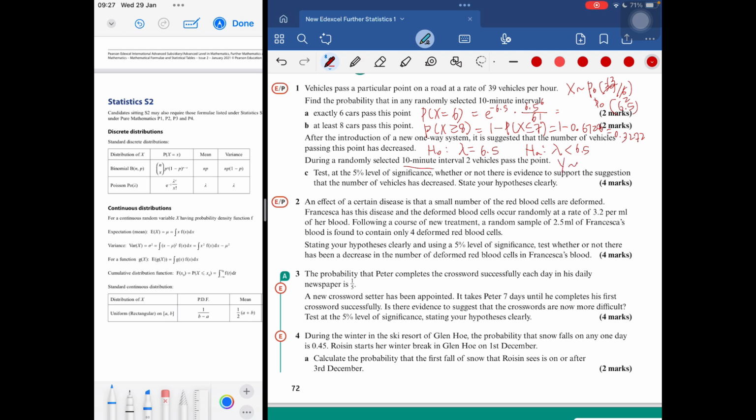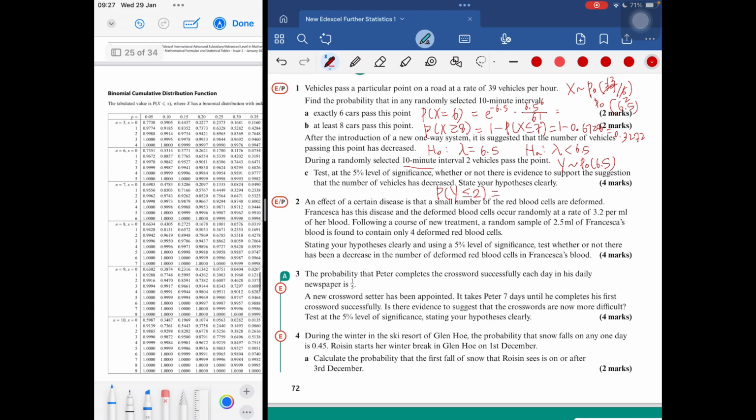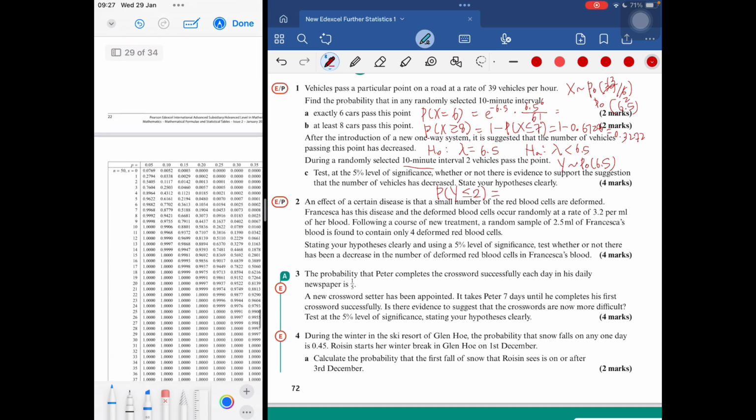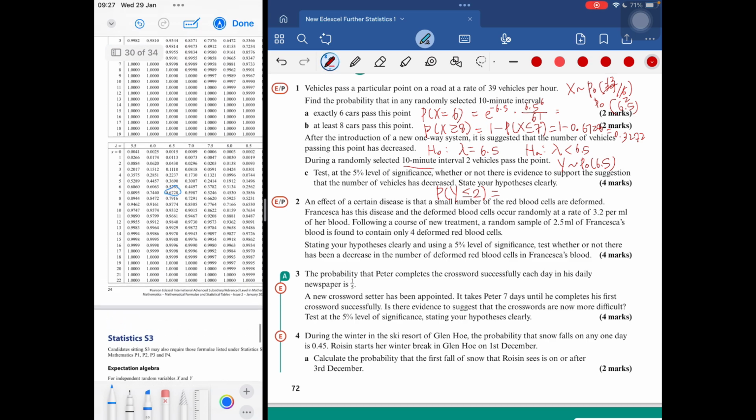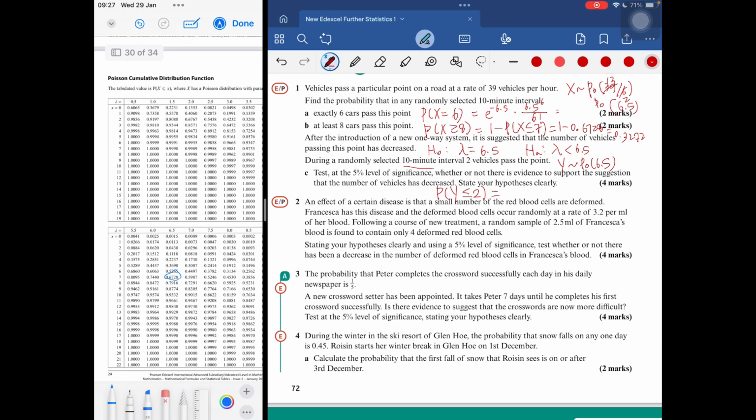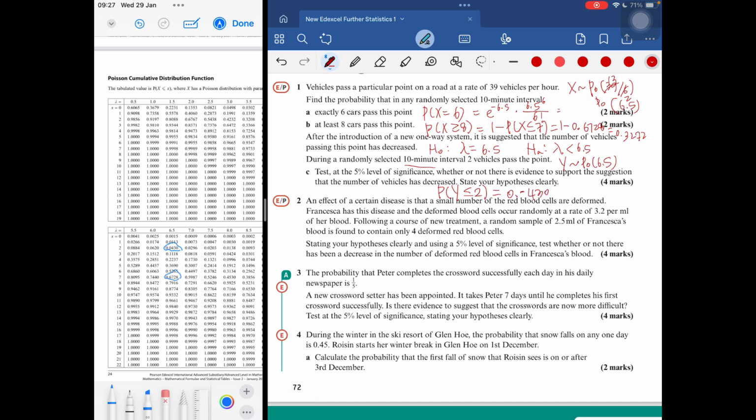Y follows the Poisson 6.5, and we find the probability that Y is smaller than or equal to 2, which is 0.0430, less than 0.05.